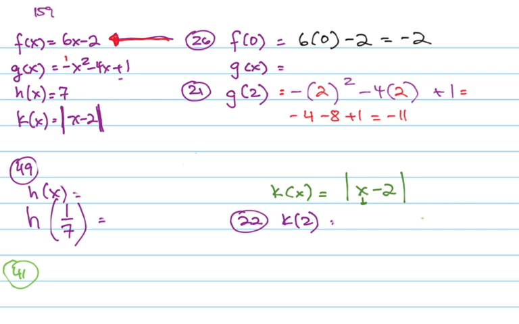Negative 2. How about 22? 22 is k of 2. The k function is absolute value of x minus 2. What is k of 2?